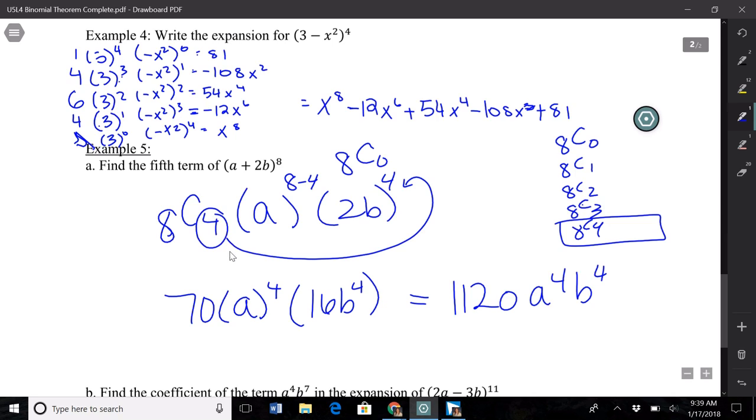This 4 matches with the exponent on the second term from the binomial, so I always fill that in first. So I do (2b) to the fourth, and then I do 8 minus 4 to get the exponent for the first term. In doing those calculations, we end up getting 1120 a to the fourth b to the fourth.